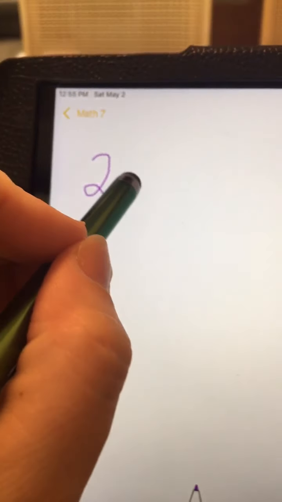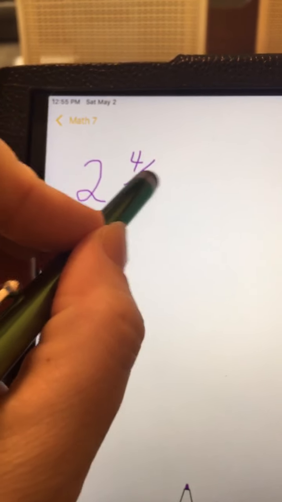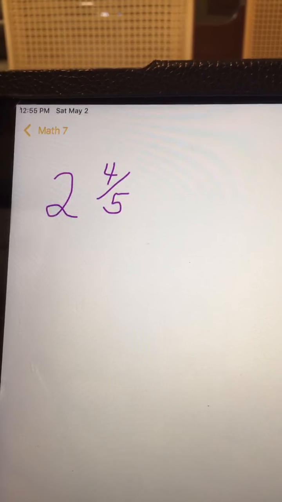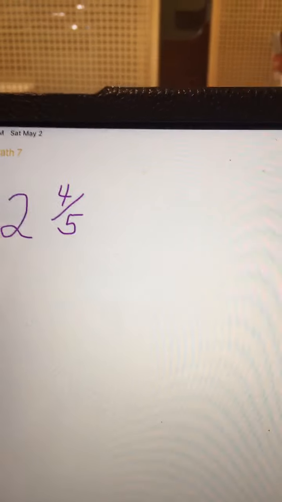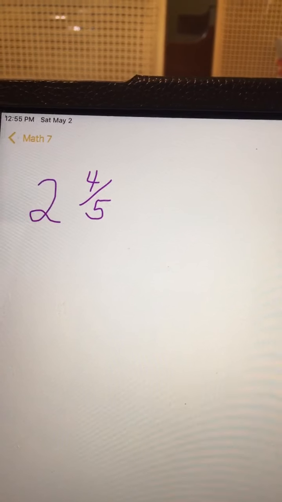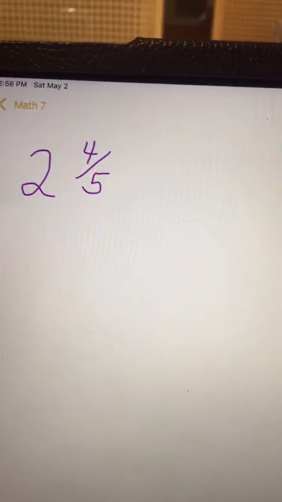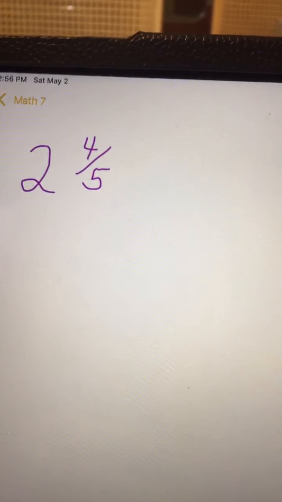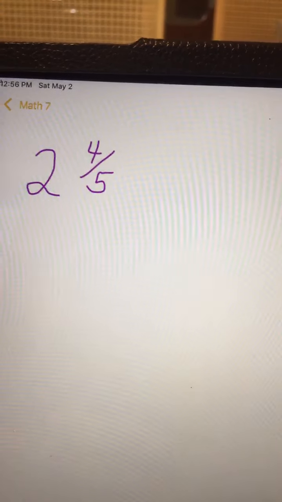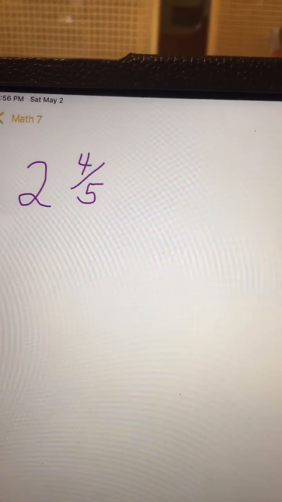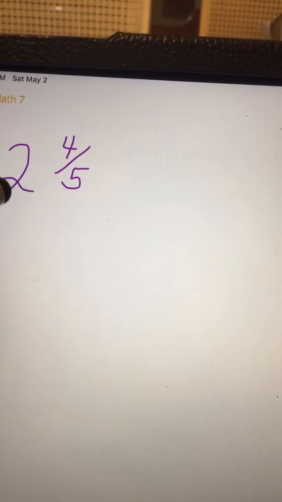In quick check number 3, they're saying you ran 2 4/5 times the distance you ran the day before. So you know the day before was 100%, and now you are doing more than what you did yesterday. So know in your mind that this number is going to be larger than 100. Okay? So we're going to write this as a decimal first.